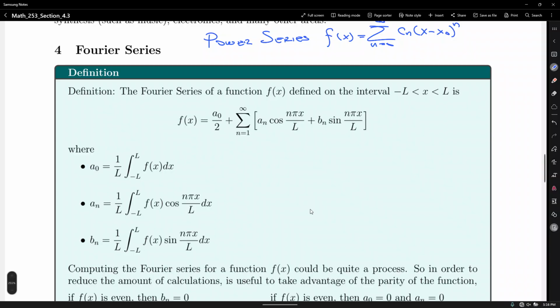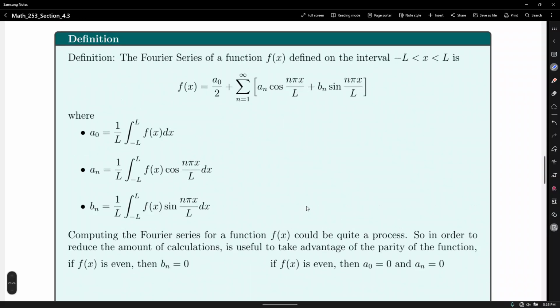Remember last time we were discussing integrating even functions and odd functions over symmetric domains. That's something you might want to take advantage of, because you don't want to do a lot of work that in the end is going to be worthless because it's going to give you a zero. So it's important. What we discussed last time is very important for this.